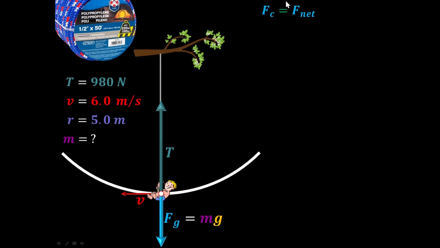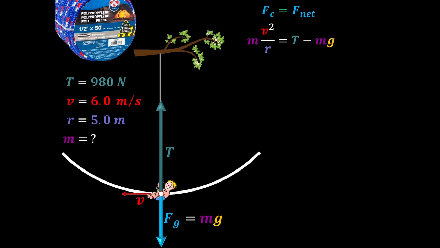So if you can say, hey, there's my equal sign, the centripetal force is equal to the net force, then we're done. The physics is done, the rest is algebra. So from that first slide, we knew that mv squared over r is how we calculate the centripetal force, and the net force, we had tension up and gravity pulling down. That's our equation. Now we just have to solve it.